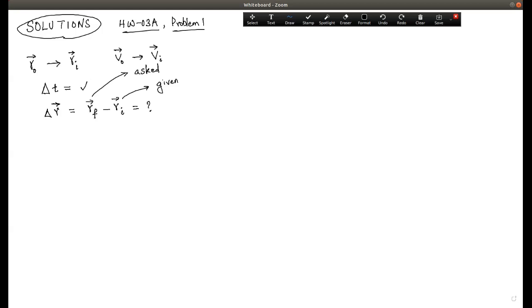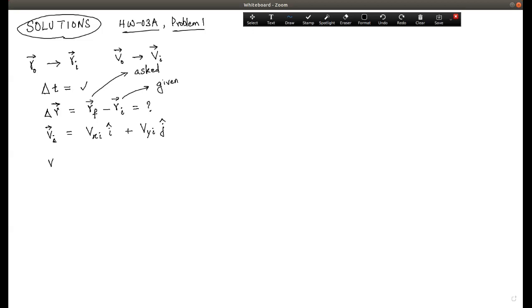So we have delta t, delta r, and we also have V initial. This time it's a vector. V initial consists of Vx initial i plus Vy initial j, and both of these quantities are given to us.